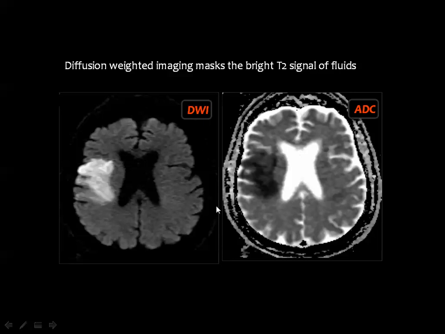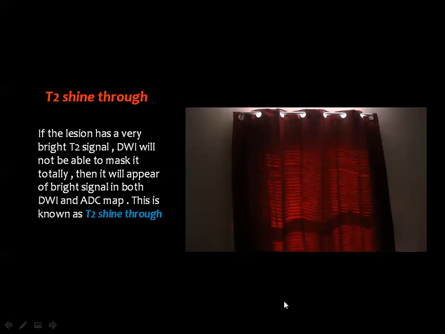In the ADC, the computer tries to calculate the rate of motion in different directions, and you get no signal in the area. Then if you see high signal in the diffusion weighted image and low signal in the ADC map, then you are dealing with diffusion restriction.